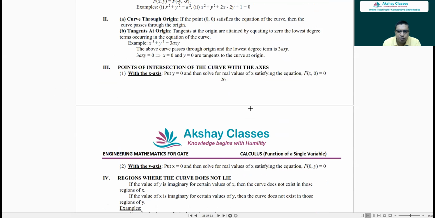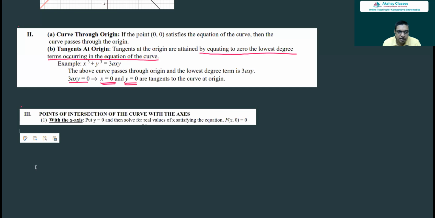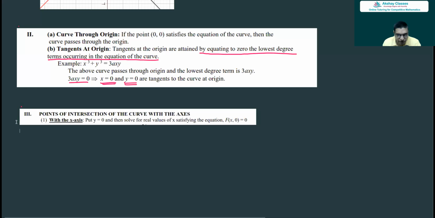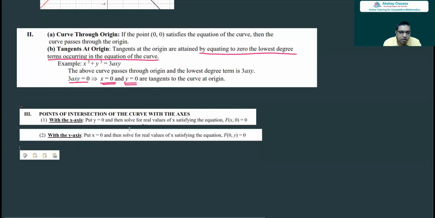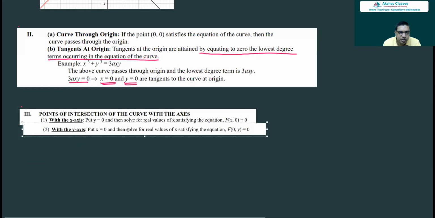Now, point of intersection of the curves with x-axis and y-axis, this we all know. How to find points of intersection of the curves with x-axis and with the y-axis. It's not difficult. We have been doing this in several basic mathematics courses.